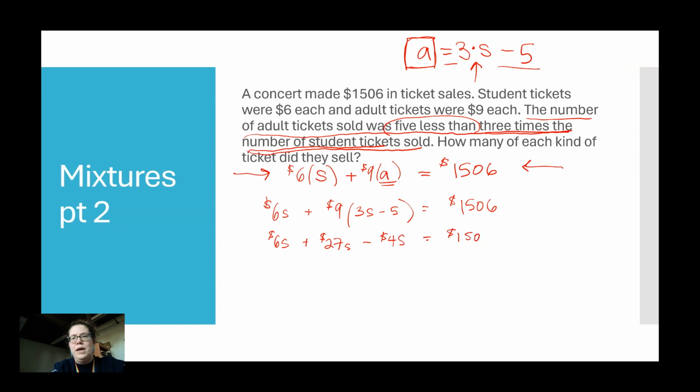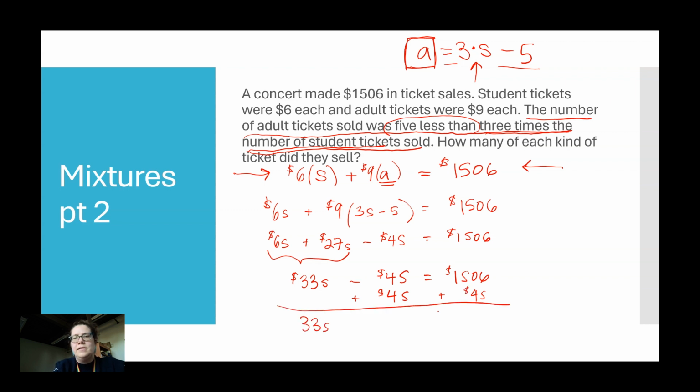I really do not have to, but if it's helpful for you, you can too. 1506. All right, that means I have these guys together. 33 times S minus $45. I'm going to add these $45 to both sides. Now I've got 33S equals 1551.